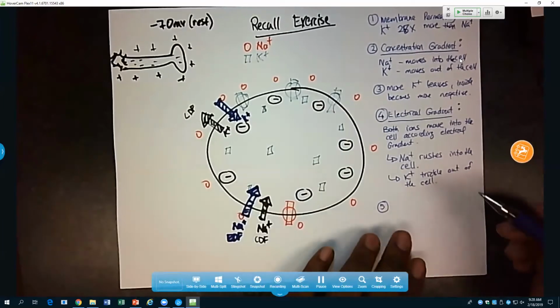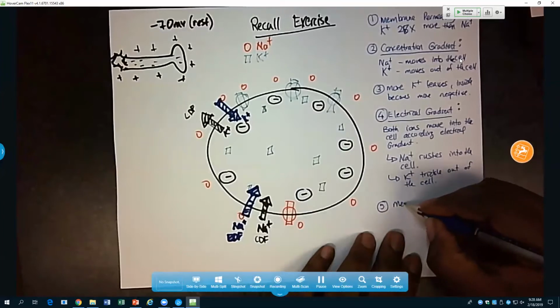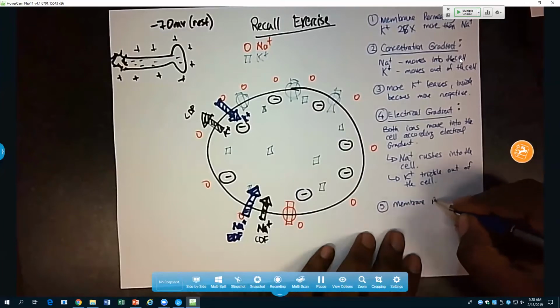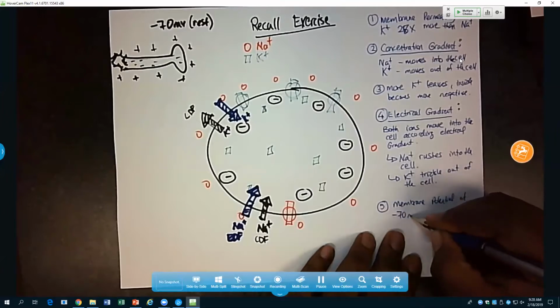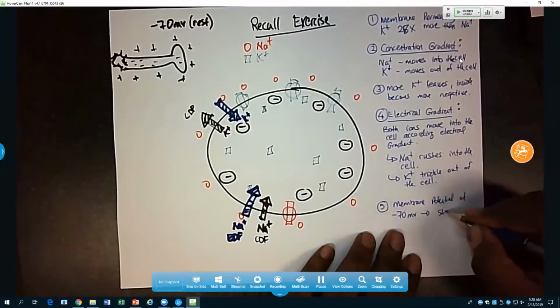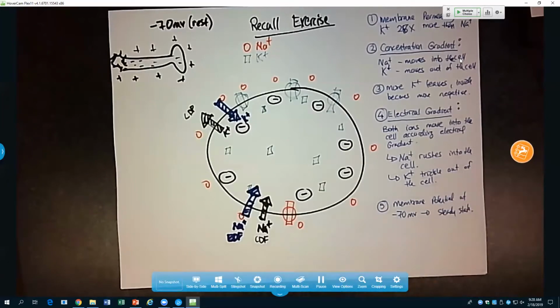What we establish is a membrane potential at negative 70 millivolts. And this is steady state. Steady state means that this is the membrane potential where both these ions sort of balance each other out. We don't have any more net movement of ions at this point. And this is when the neuron is at rest and it's at steady state.